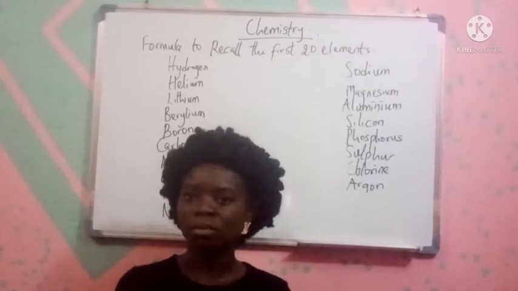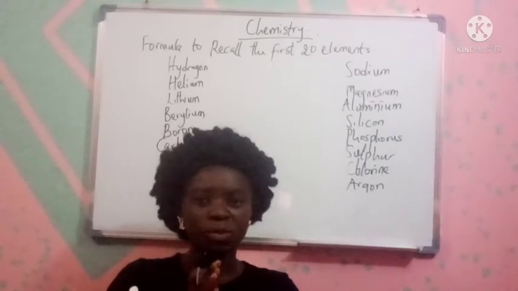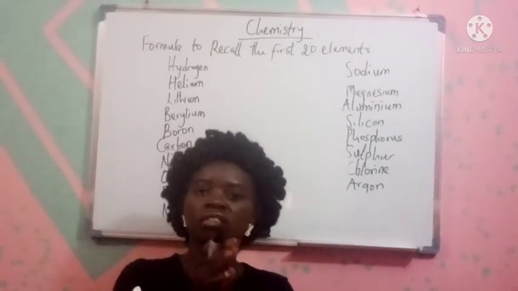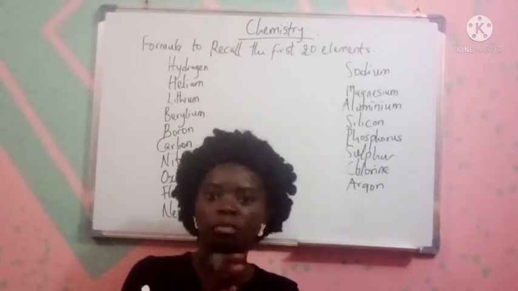But the mass number is the number of protons and neutrons. It's a summation of the number of protons and neutrons present in the atom of a particular element.